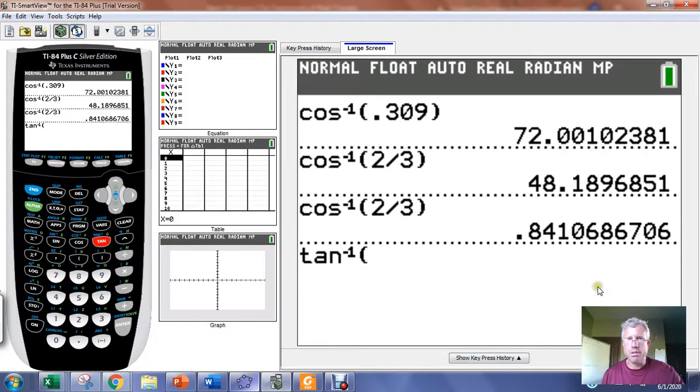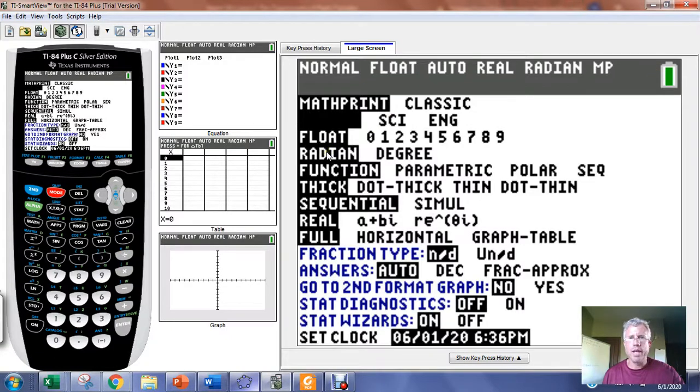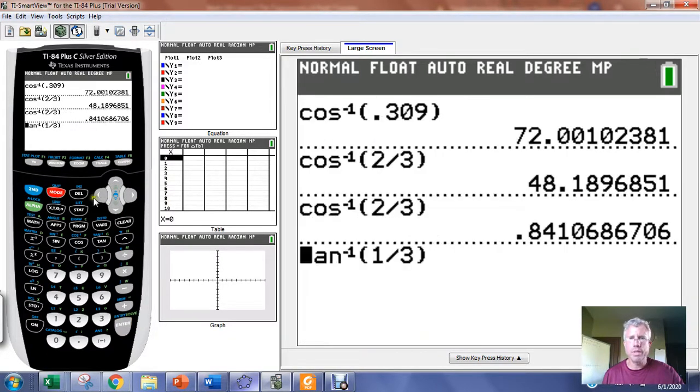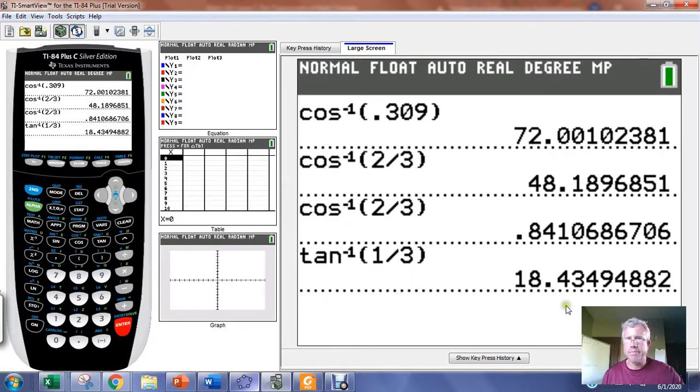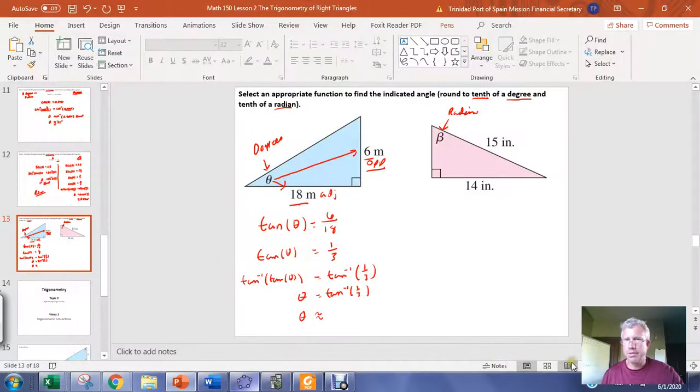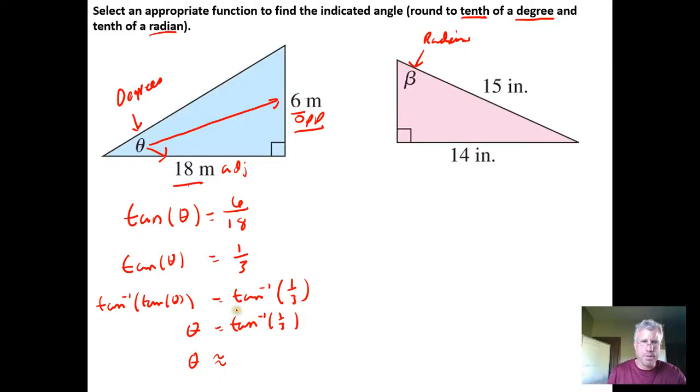We're inputting the side ratio 1 divided by 3 into that function. We'll check our mode. We're in radians. We wanted that angle in degrees, so we need to switch over to degree mode. Then I'll go second quit and hit enter. And we have about 18.4 degrees.